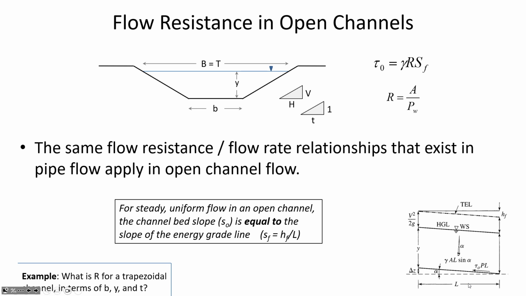So here's the example that I just wanted to introduce so that we get a first taste of trapezoidal geometry. So what is the hydraulic radius, this is asking, for a trapezoidal channel in terms of the bottom width, the depth of flow, and the side slope, T. So hydraulic radius is defined as the area divided by the wetted perimeter.